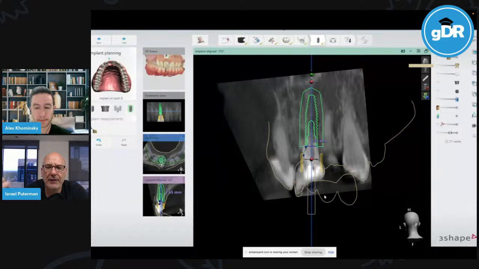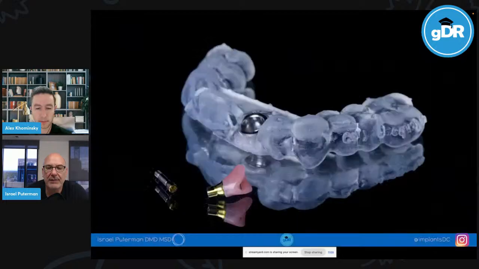A lot of people in my area don't like the risk of an immediate provisional, whether it be the restorative doctor just doesn't love it. And hey, in reality, I work for restorative doctors, and if they don't like it, I'm typically not going to do it. But the customization of a healing abutment really allows for that same advantage without having the risk of an immediate provisional.